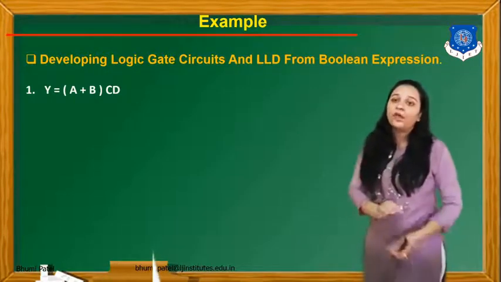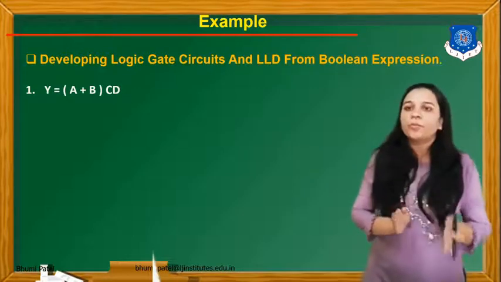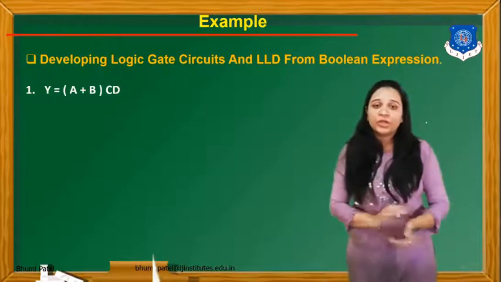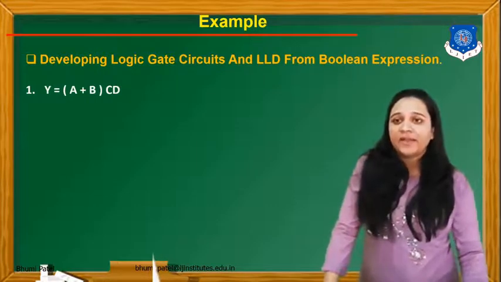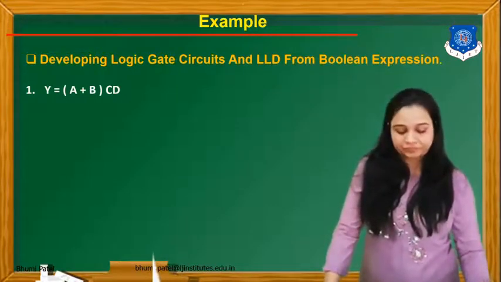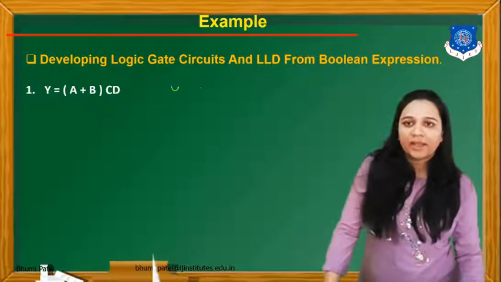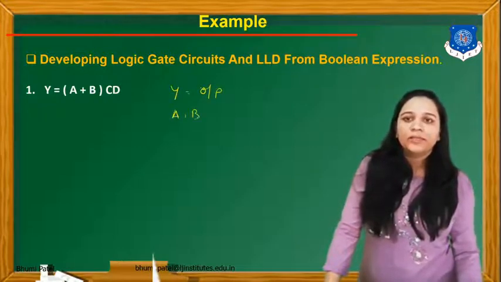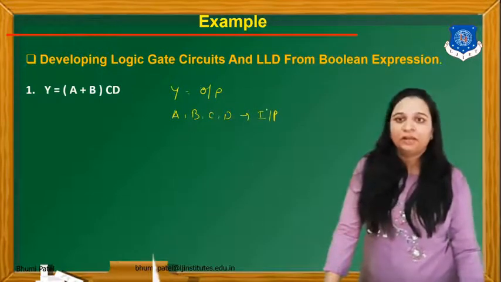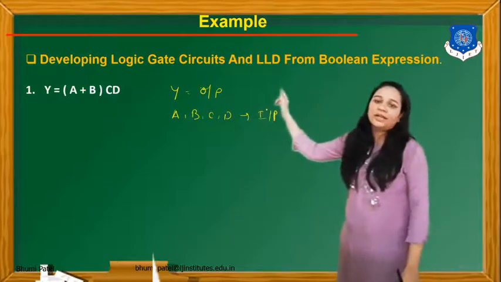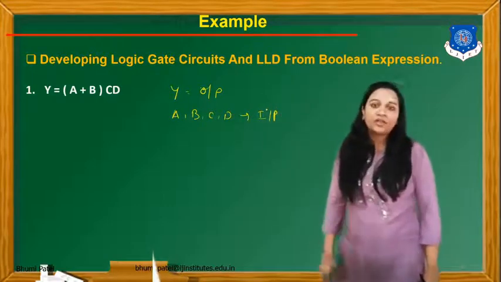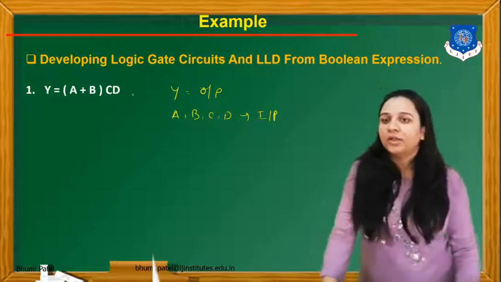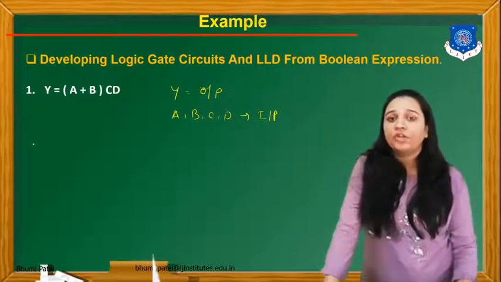First of all you have to identify which one is the output and which one is the input. Here clearly you can see that y is our output signal, and a, b, c and d are my input signals. Now we have to develop a logic gate circuit and the ladder logic diagram for the Boolean expression. First we have to draw the ladder logic diagram.